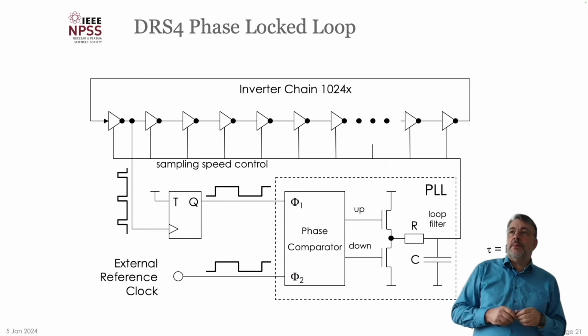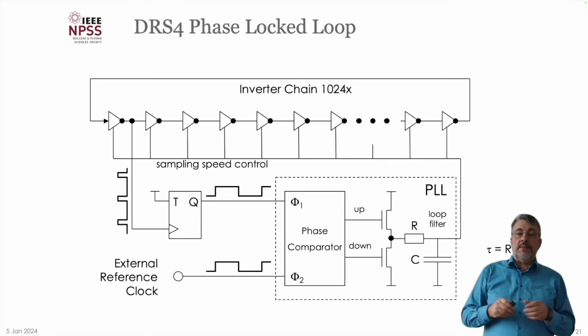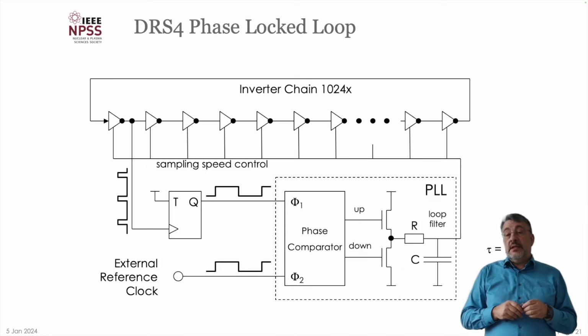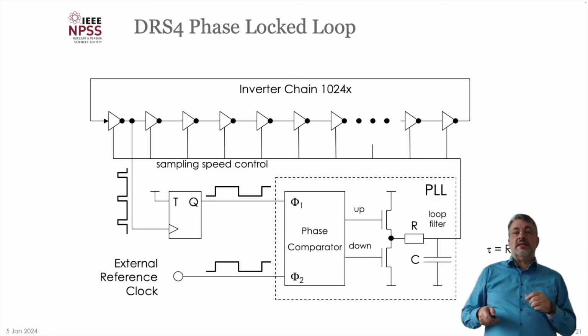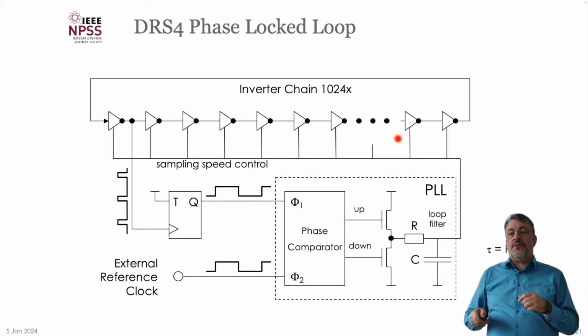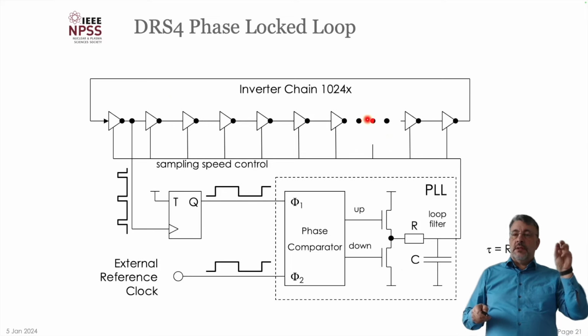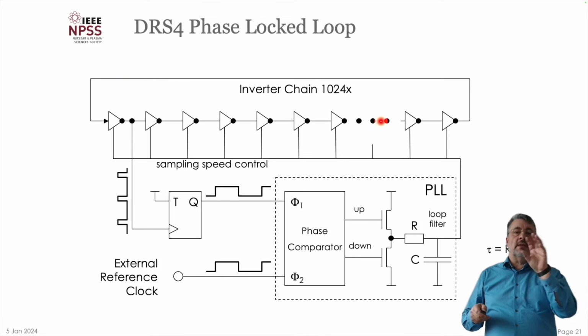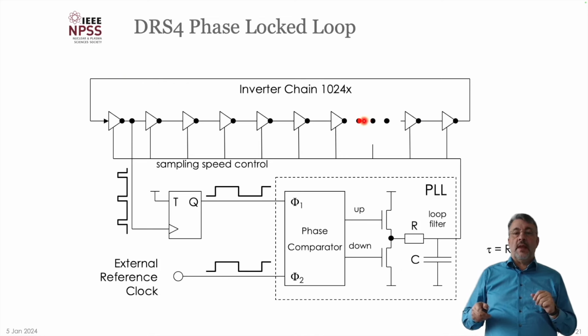Okay, so let me come to phase locked loops, PLL. We sample our signals with the DRS4 chip, which has an inverter chain of 1024 inverters. With this we open some analog memory cells to sample the input signal. This inverter chain works like a voltage controlled oscillator, and we lock this to an external reference clock.